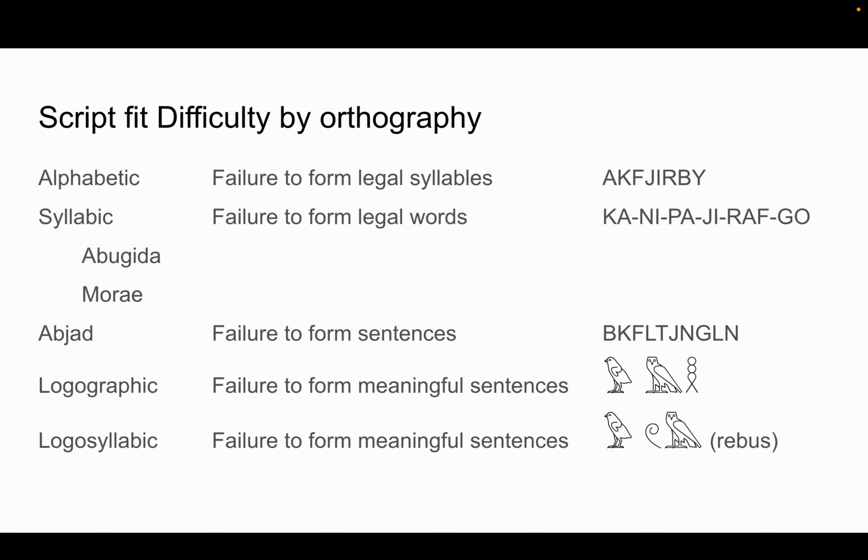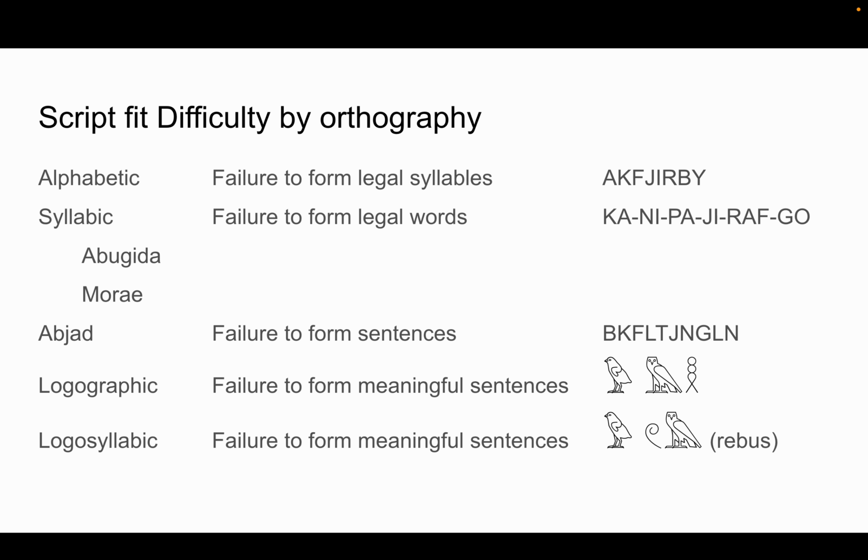What happens when you use a different orthography? For example, in syllabic, because every symbol also has its own vowel, you have now selected only those rows and columns which have vowels in it. So you avoid the issue of the alphabetic where you have multiple consonants or multiple vowels coming next to each other, forming impossible sequences.